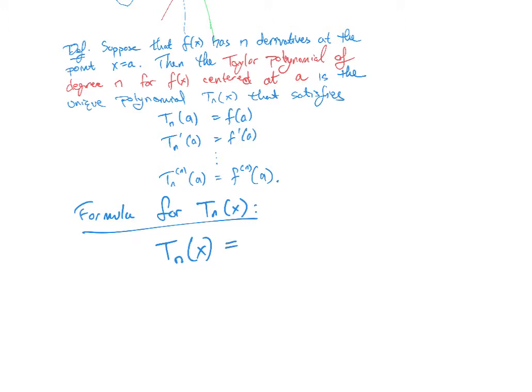You just do what we did in the example, and you find that it's the sum of each coefficient being the kth derivative of your function at the point a where you're centering this, divided by k factorial, times x minus a to the k.